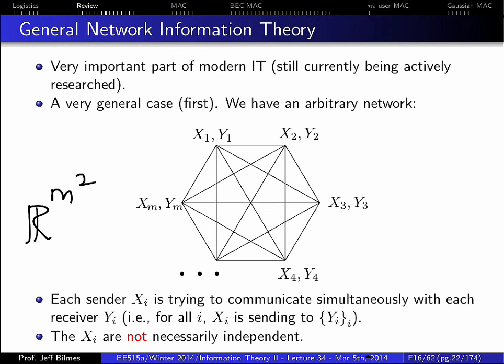Or a given point in R to the m squared might not be achievable, meaning that one or more pathways from one sender to one receiver might be such that its error can't be achieved.